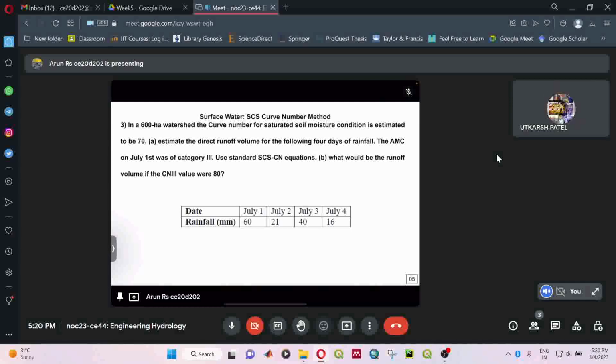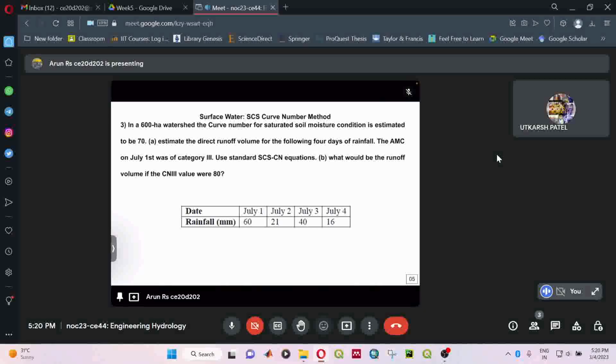So in this question, 600 acre of watershed is given. This is the watershed area, and curve number for the saturated moisture condition is estimated to be 70. If you say saturated moisture content, it corresponds to CN3, that is wet conditions, and the value is directly given as 70. Now we need to estimate the direct runoff volume for 4 days of rainfall.